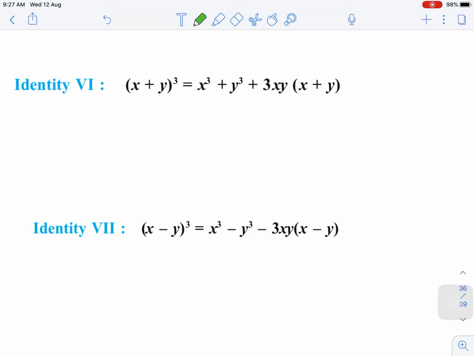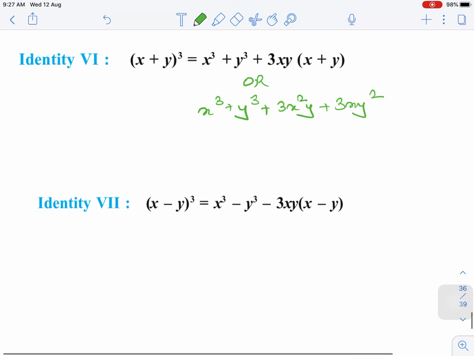Or we can write this one as x cube plus y cube plus 3x square y, because this will multiply inside, plus 3xy square.